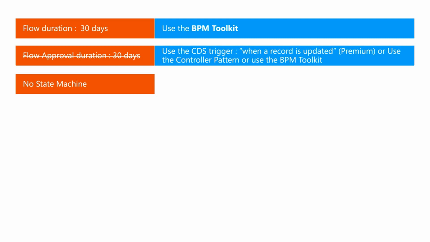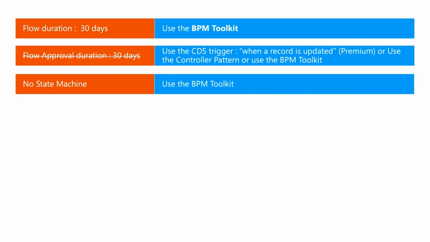Basically, a state machine is a way to go forward or backward in a business process. At some time in the business process, you need to be able to get back to the beginning or skip some step, for instance. This is basic behavior for the business, but it's not that easy to implement in Power Automate. Again, that's why I put that in a generic way in the BPM Toolkit.